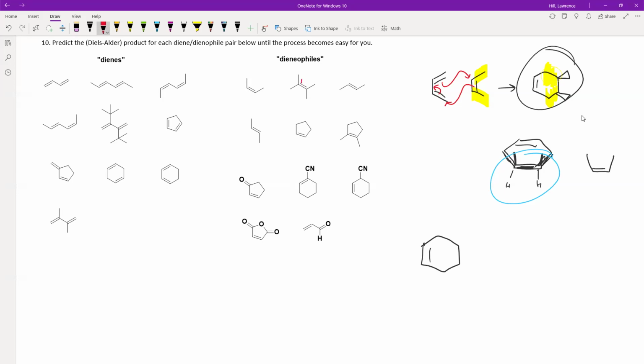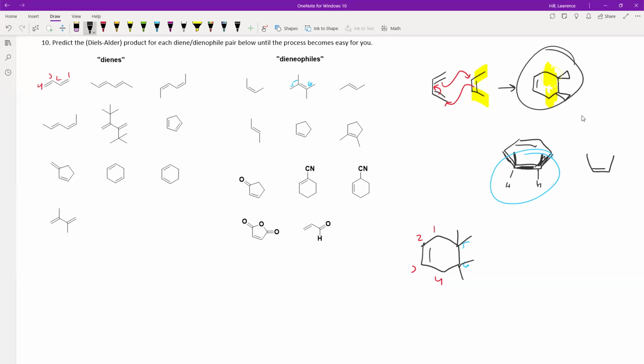We've been calling the other ones 1 through 4, so these are 1, 2, 3, 4, and we'll call this 5 and 6. So here are 5 and 6. 5 and 6 each have 2 methyl groups attached. So you don't need to show wedges and dashes because it's all the same. They're going to be 2 methyl groups on the same face and 2 methyl groups on the other face.